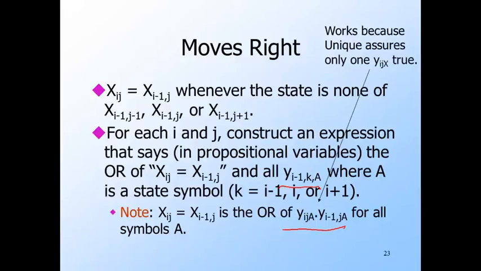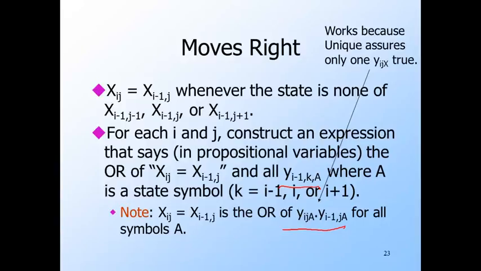The reason that works is that we already have unique to enforce the condition that for only one symbol a can y i j a or y i minus 1 j a be true. The expressions we constructed for each ID i and position j will be part of moves right. Each says colloquially that the tape symbol can't change if the state isn't nearby. They will be ANDed together with expressions that enforce the correctness of the moves of M for the case when the state is nearby.